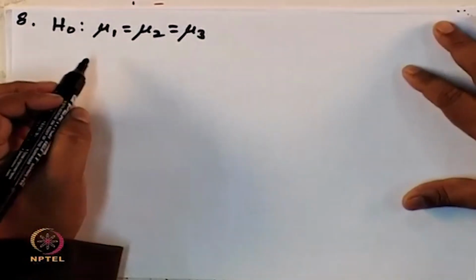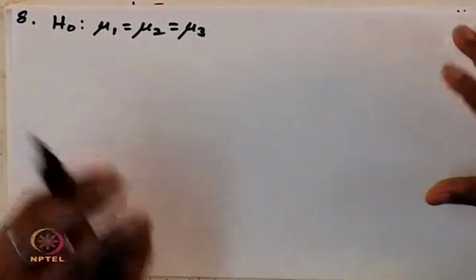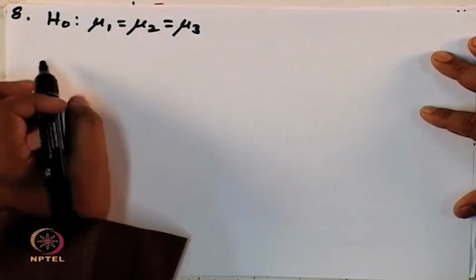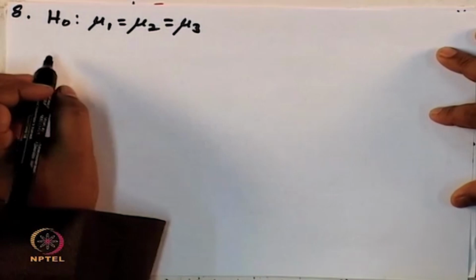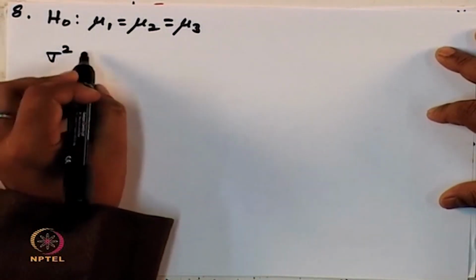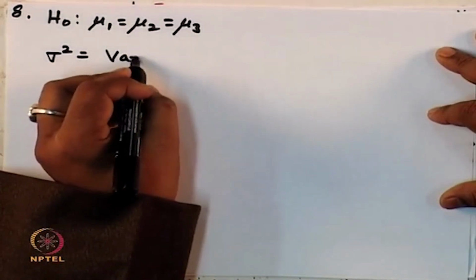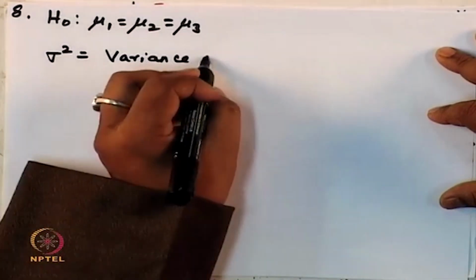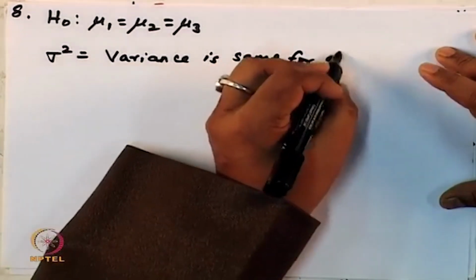You have 3 conditions, and you assume that there is no difference of nutrition on attention span, okay. So, for doing this you have to compute some test. So, the inherent assumption is that sigma square, the variance, is the same for all k populations.